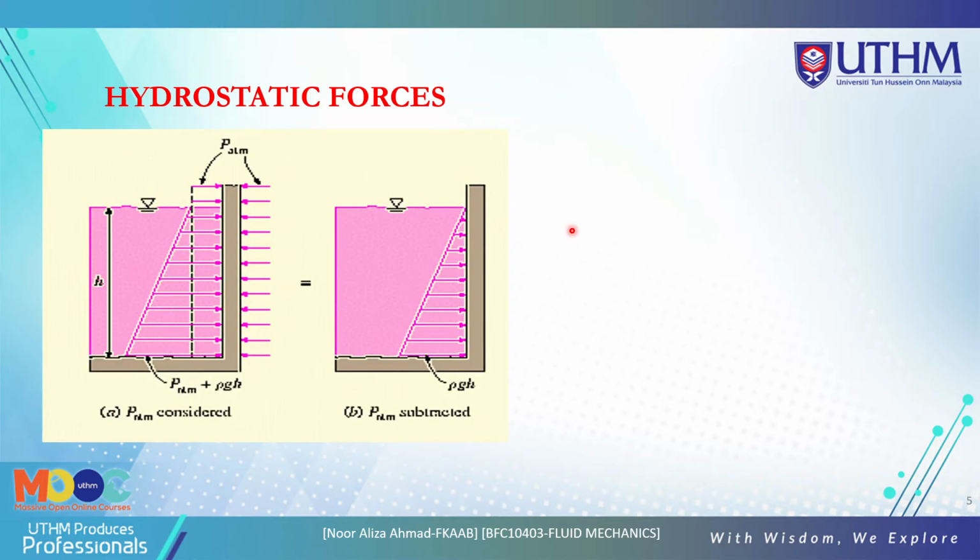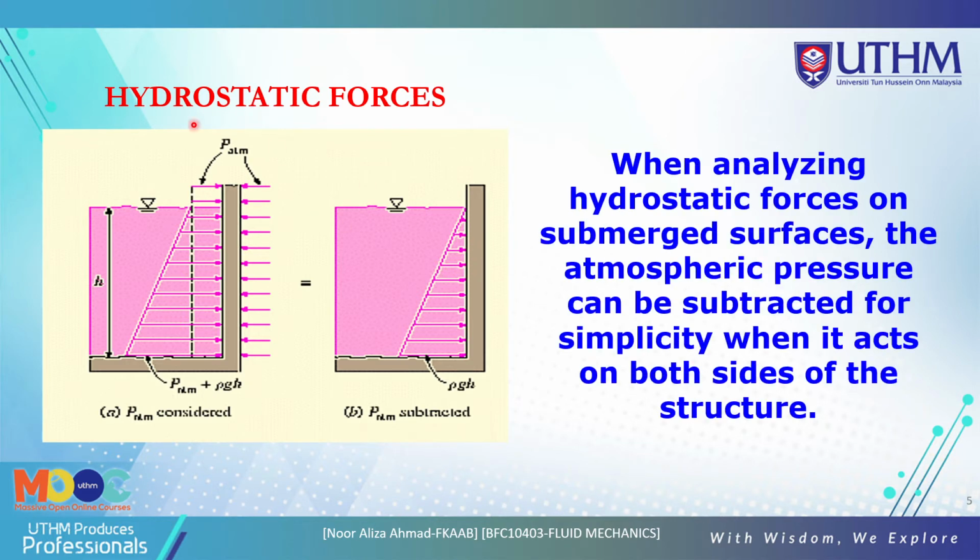Now we look at the concept here. We have learned the variation of pressure with depth, so now we look at this figure. When the depth varies by h, there is an increase of pressure. P atmosphere is open to the surface here.